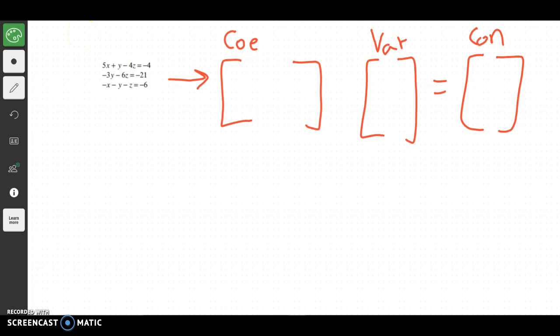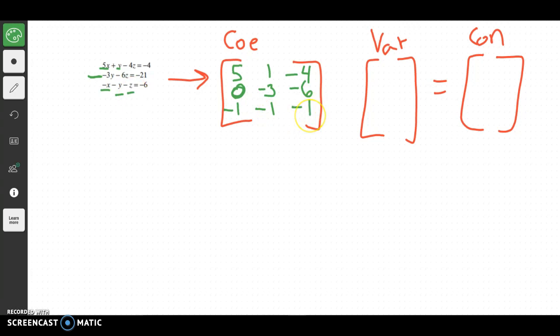So let's go through and fill out our coefficient matrix. Well, that's going to be 5. There's a 1 in front of my y, and there's a -4 in front of my z. There is no x for this one, so I'm going to put 0 for x, -3 for y, and -6 for z. For my x, I'm going to put a -1 there. For my y, a -1.